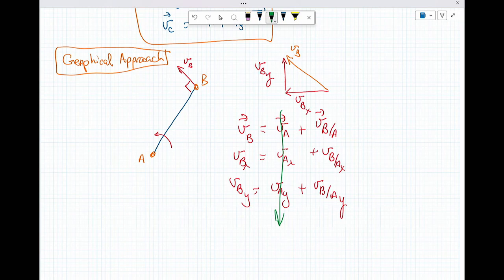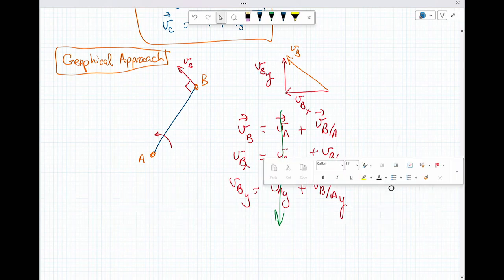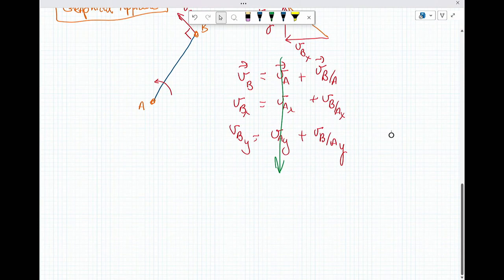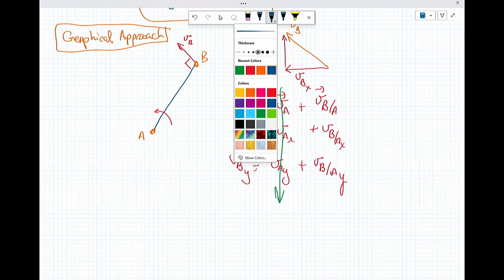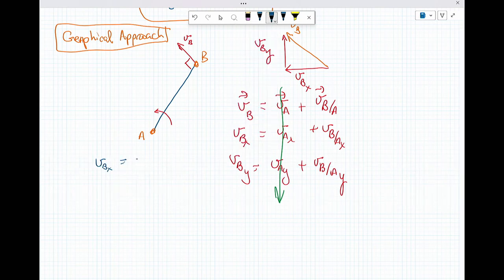There's a lot of physics in this. We're taking the geometry, looking at what's happening, but we have to recognize how things are moving. So from this, I can write these results.